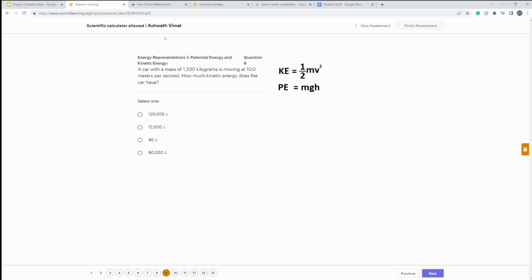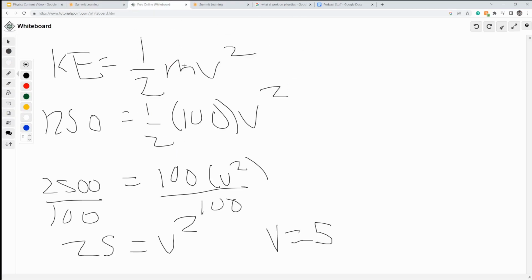So this is just plugging in. This is even simpler than the last problem. You're just plugging in 1,200 for the mass, and then 10 for v. So 1/2 times 1,200 is 600. 600 times 10 squared, which is 600 times 100, would be 60,000. I'll show this right here.